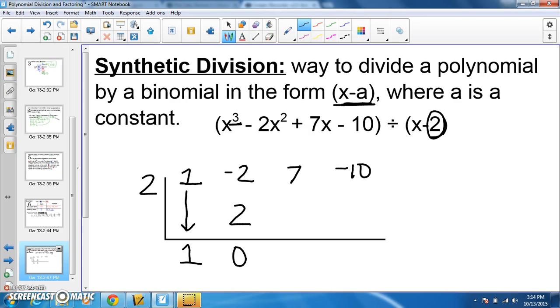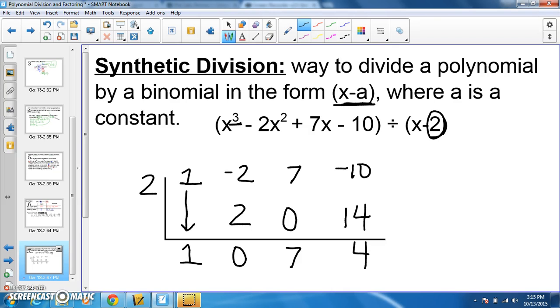Then 0 times 2 is 0, and we place that in the next column over. We add the column down, so 7 plus 0 is 7. We then multiply 7 times 2, which is 14. Negative 10 plus 14 is 4.